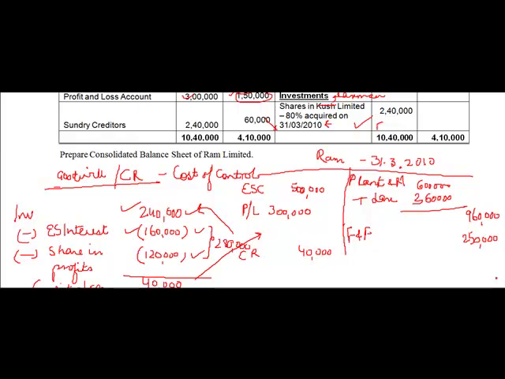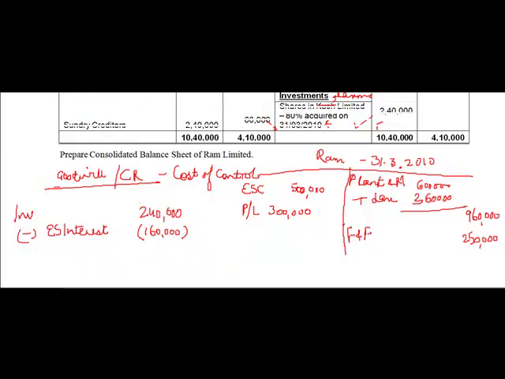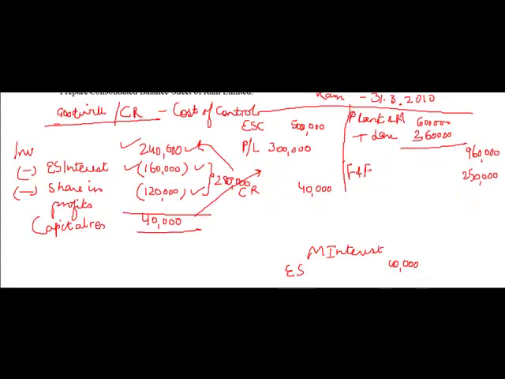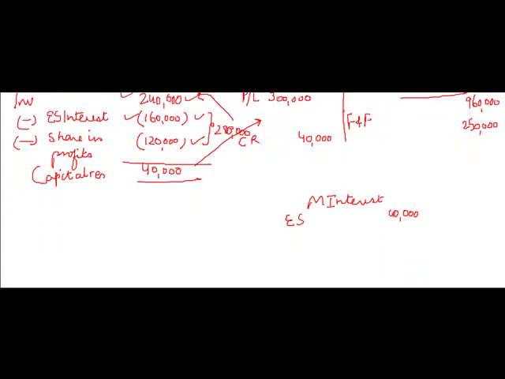Now I also need to see how much is the minority interest that I have. So out of the profit and loss account, I got 1,20,000. The minority got 30,000.